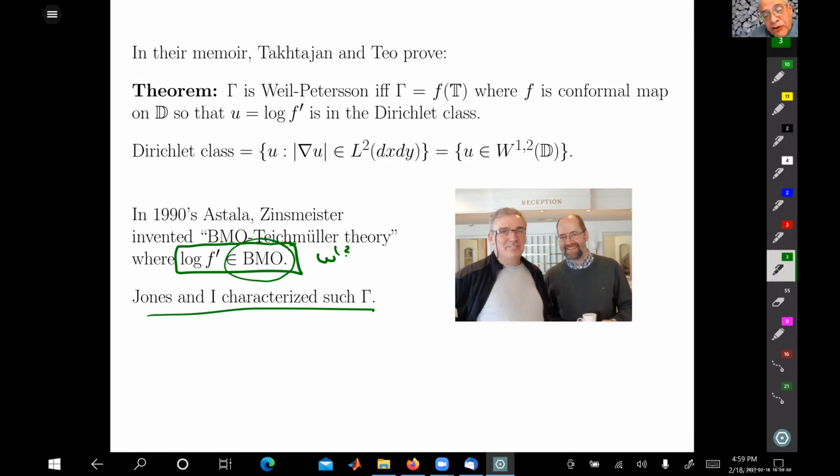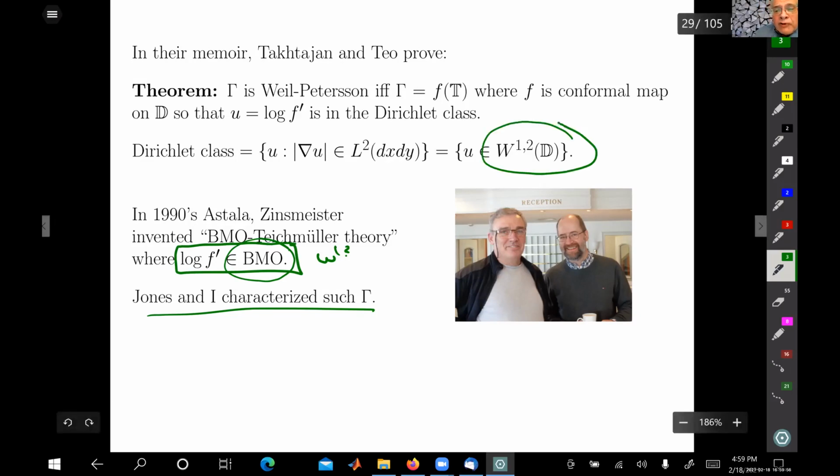I won't tell you what the characterization is, but we had already solved the identical problem, but using a different space. And if you knew what BMO was, you would realize that it's a more difficult space to understand than W12. It has a much more complicated structure. And so we had already solved the hard version of this.